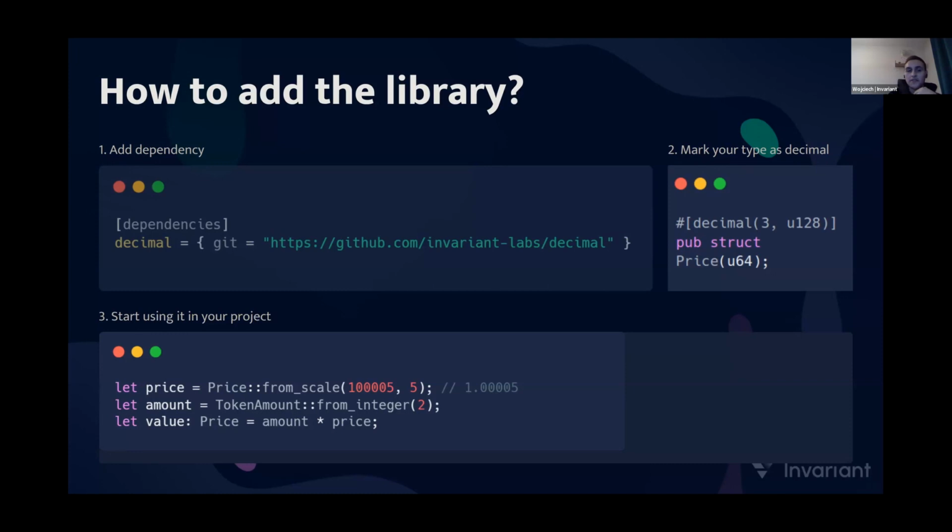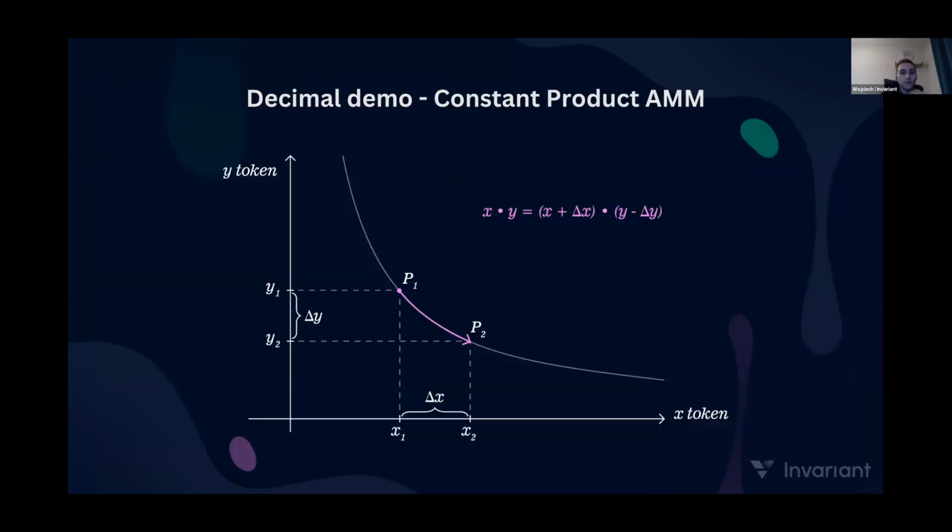In Rust, you don't need to use it only in the contract, so it can also be useful if you, for example, want to share your Rust code and your TypeScript code, because if you want to have the same result, you need to make some simulation of the performed transaction, so it will also be valuable. Okay, and now we can go to the practical example and this demo.